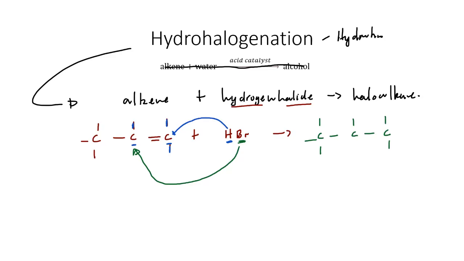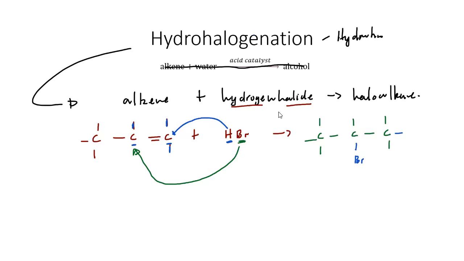I added a hydrogen there. What did I add? I added a bromine there. And that becomes a haloalkane. The other name for it is an alkyl halide. So please make sure that you get this right. The H goes to the carbon in the double bond that contains the most number of hydrogens. The Br goes to the carbon in the double bond that contains the least number of hydrogen atoms.